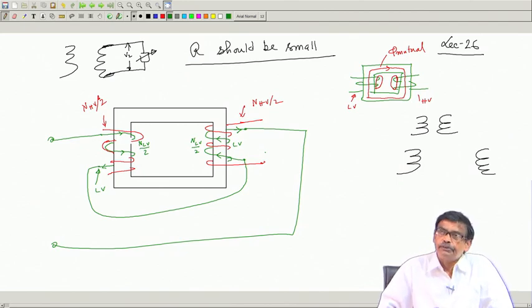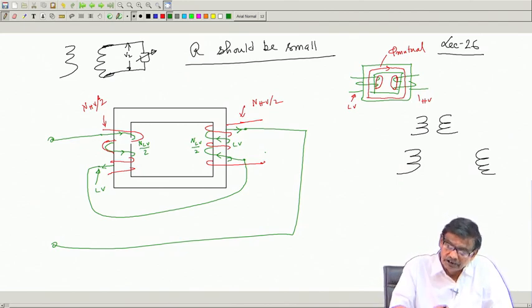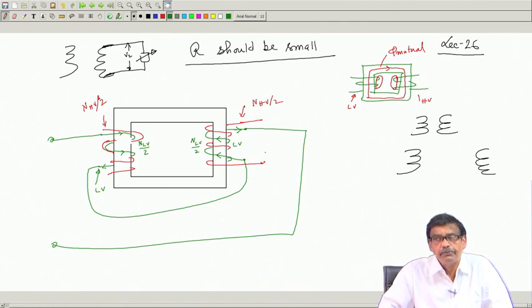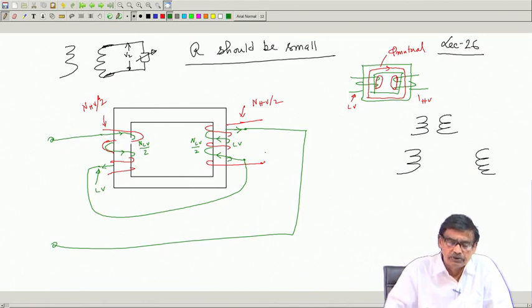That is, you distribute the low voltage winding on both the limbs. Similarly, the HV winding on both the limbs, and these 2 halves of each of the LV and HV windings will be connected appropriately in series to give you LV terminals and HV terminals.